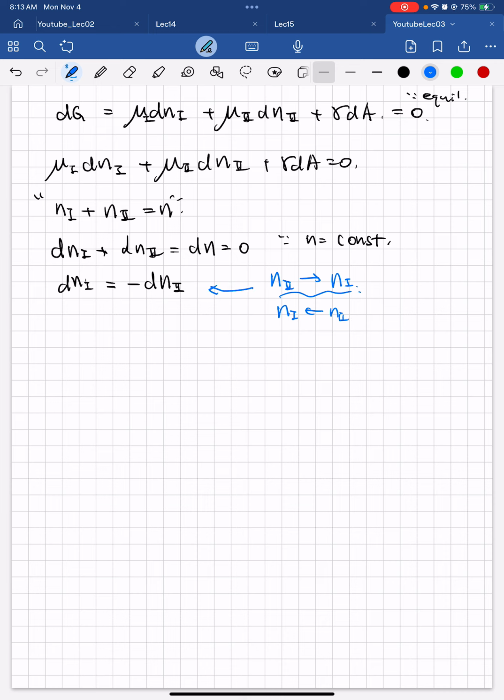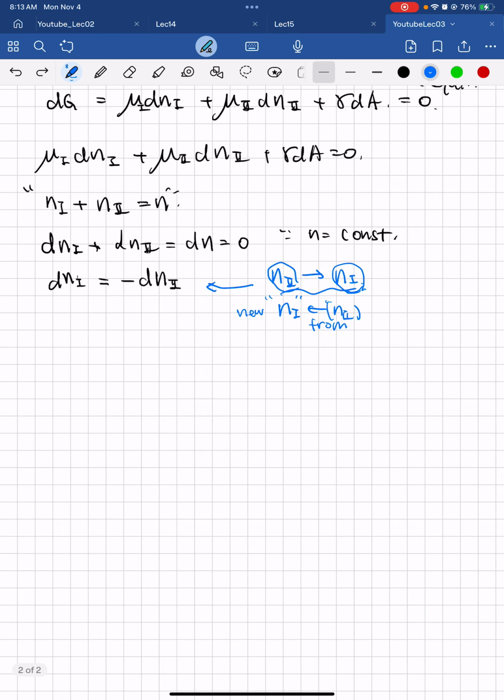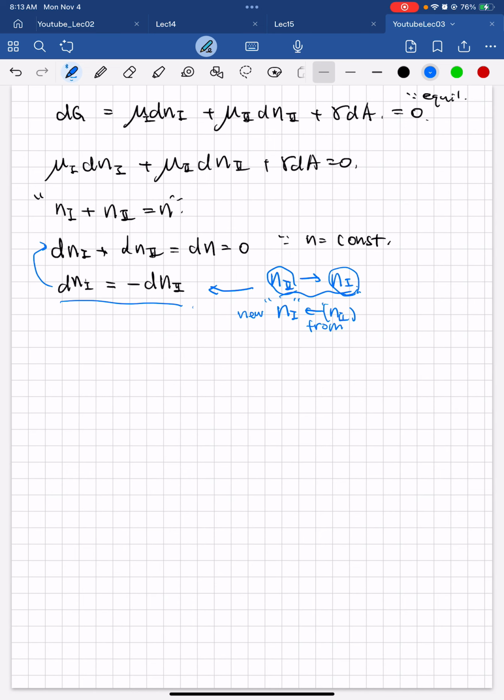That's what this equation means. Okay? The amount of n2 that has become n1 means the amount of new n1 that is coming from n2. So you have a minus here. But also you can simply rearrange this equation and get this. That's the mathematical way. This is the physical way to understand it.